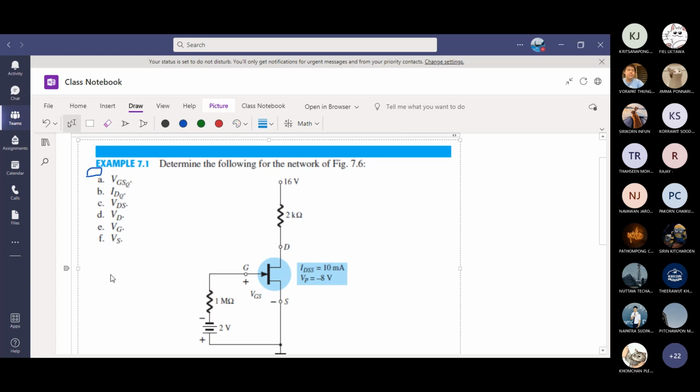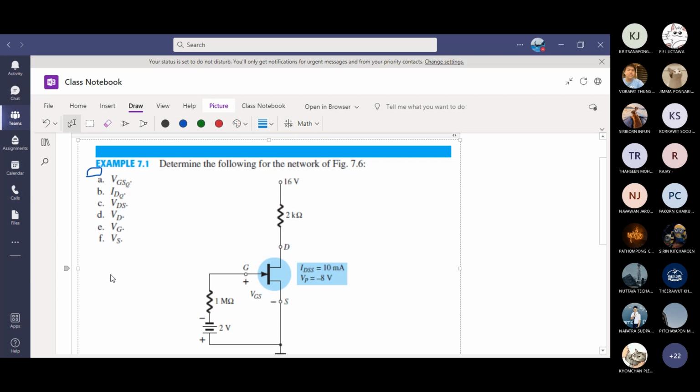Navawan? Maybe she's not here. How about Natapop? Yes, Ajahn. You'll do part E, VG. Okay. And the last one is for Warapat.